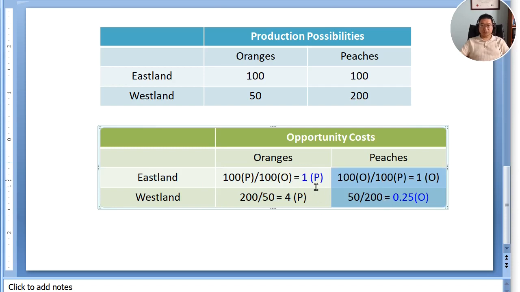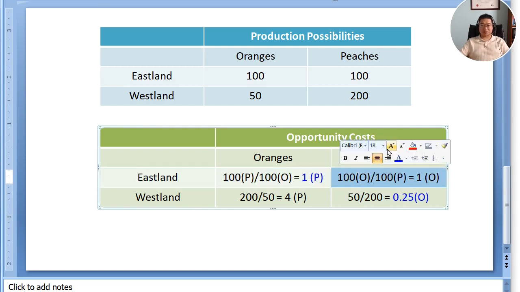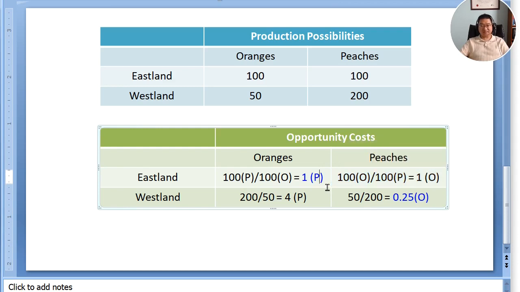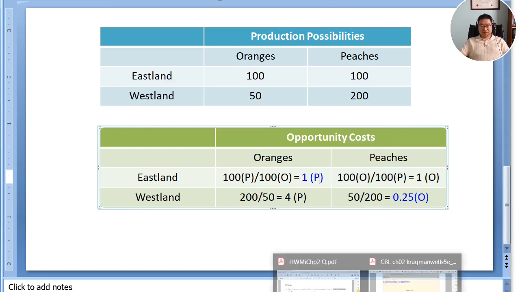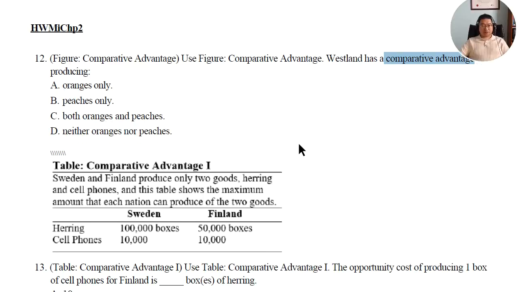So there can be only one country that has a comparative advantage over another country, because we first digested one country's own production possibility frontier within it. Okay, that's question 12.